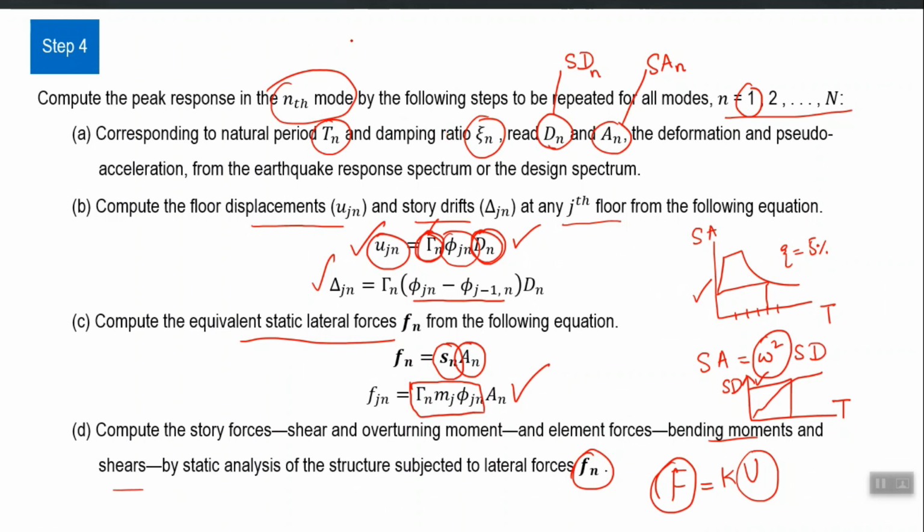So, if for example, the moment in a particular beam is minus 50 from the first mode, plus 30 from the second mode, and let us say plus 10 from the third mode, and there are only 3 modes to be considered, then SRSS will neglect this minus sign, because when you square it, it will become positive.